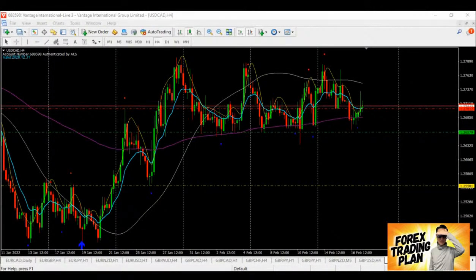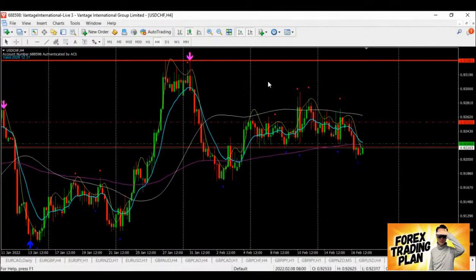All right, so dollar CAD, will there be a chance? There will be a chance if dollar CAD can form a new resistance at this level. Then we will have a chance. So dollar CAD, I will just punch in and monitor, there will be a good chance for us. How about dollar franc?